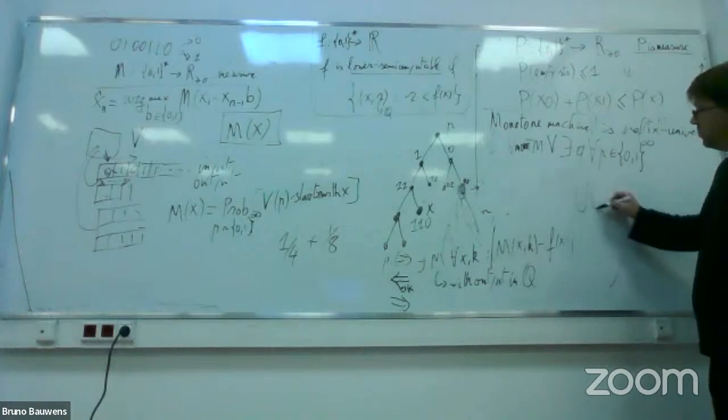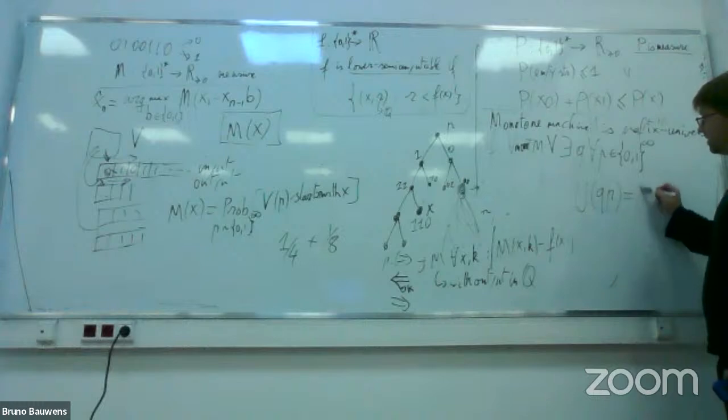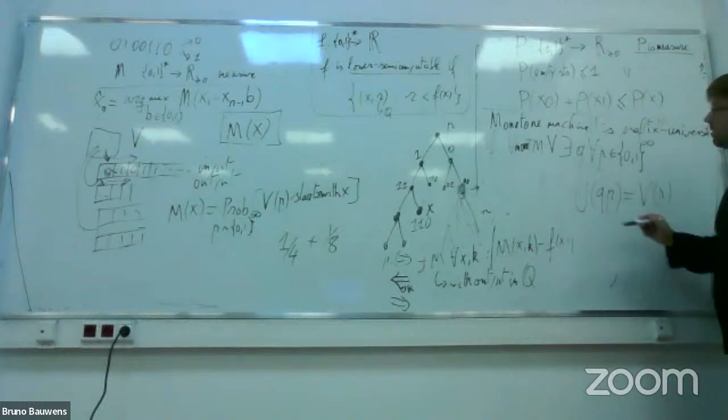So now U is doing the same: when we prepend Q, it's doing the same as V of P.